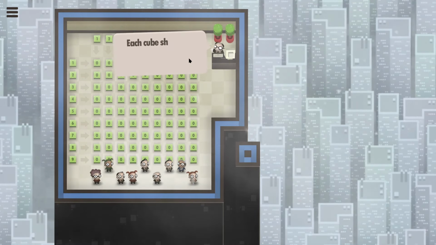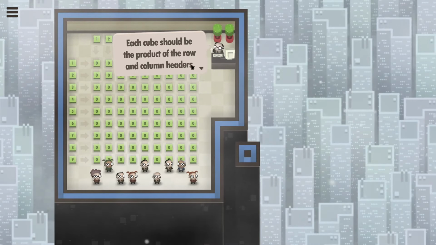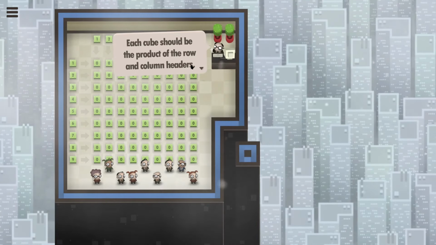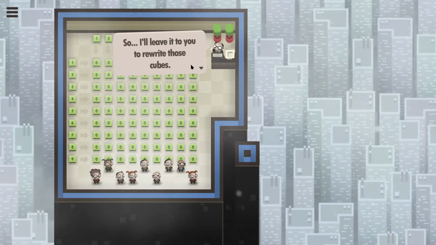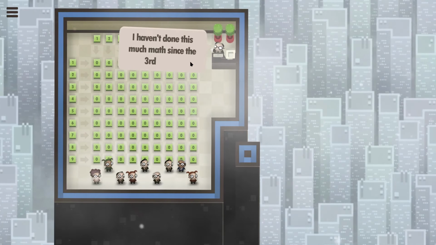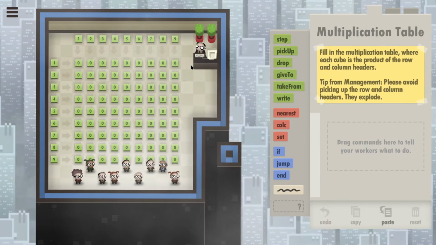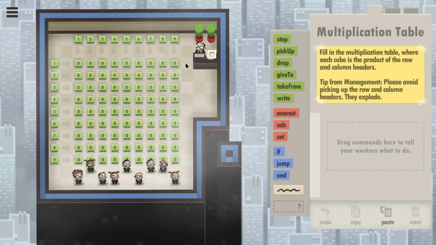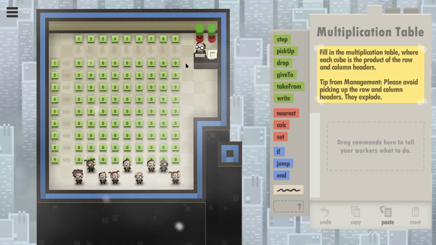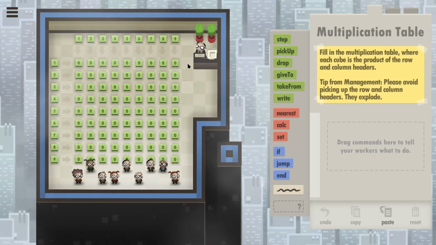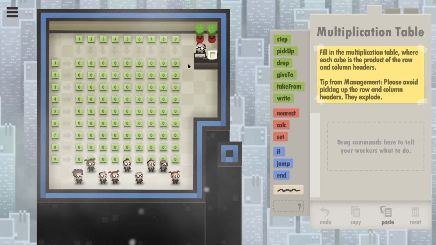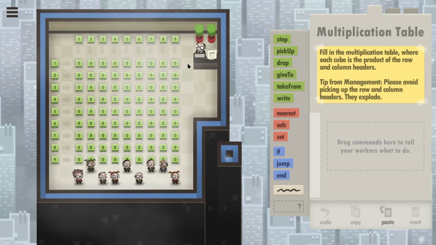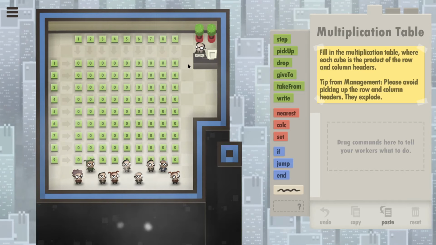Fill in the multiplication table. Whoa. Alright, let's think about this.